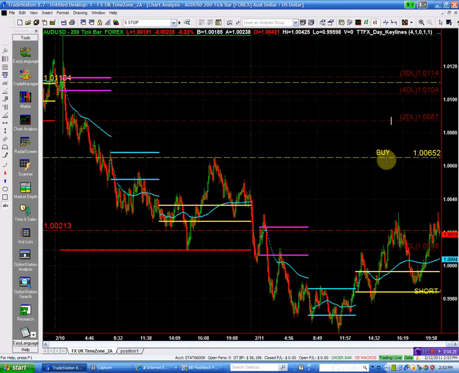Okay, and so if we buy it above 65, I'm placing my stop over here, and if I go short, I'm placing my short stop over here too.